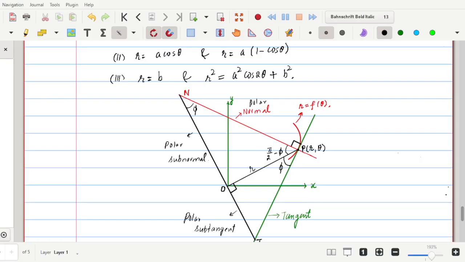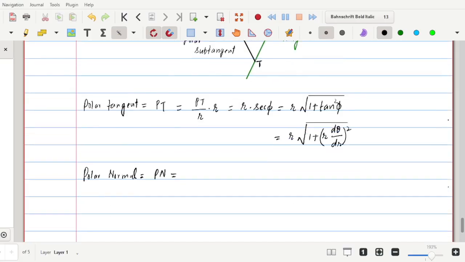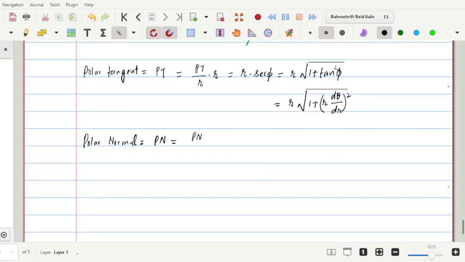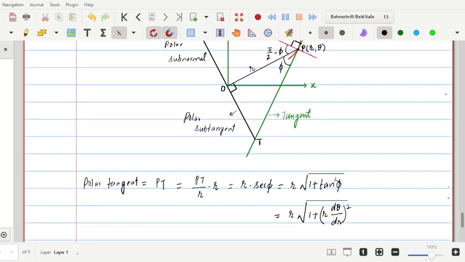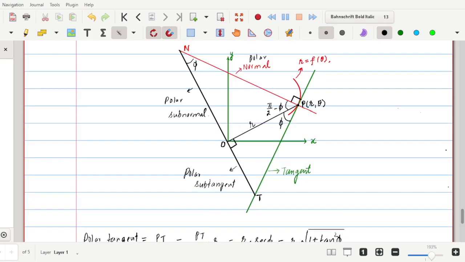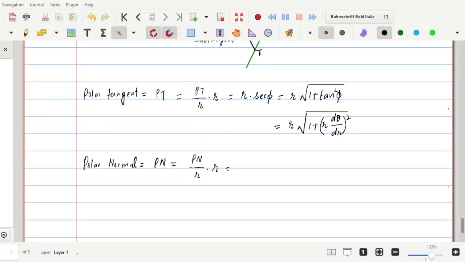So ON is the base and OP is the perpendicular. So we can write down this PN here as PN divided by r into r. Now PN is the hypotenuse and r is the perpendicular of this triangle PON. So we got the formula hypotenuse divided by perpendicular.